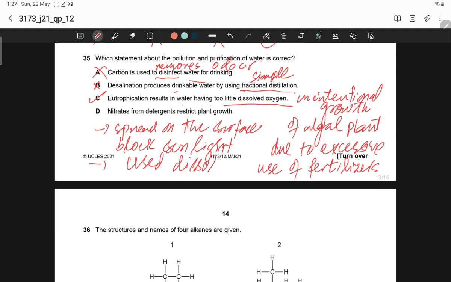So when it uses dissolved oxygen, the dissolved oxygen will be less. This must be correct.